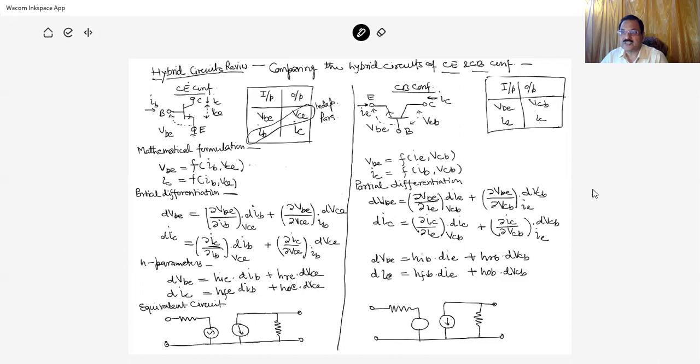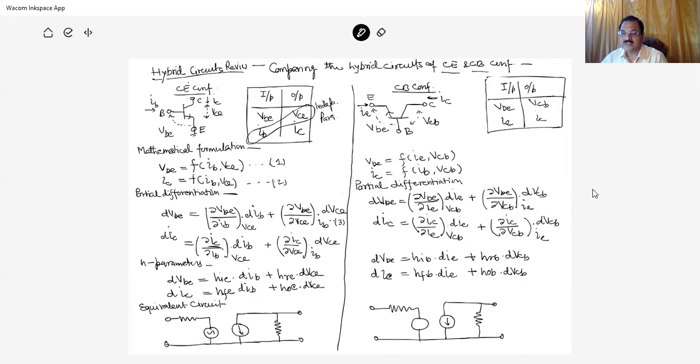These are the equations: this is equation 1 and this is equation 2. Making partial differentiation of the above two equations 1 and 2, we have dVB equal to delta VB upon delta IB into dIB at constant collector emitter voltage, plus delta VB upon delta VCE into dVCE at constant base. This is equation 3.